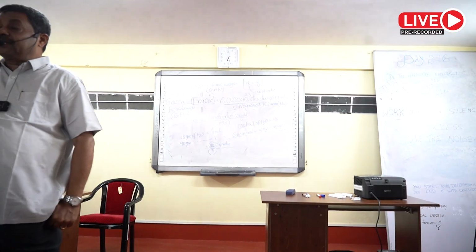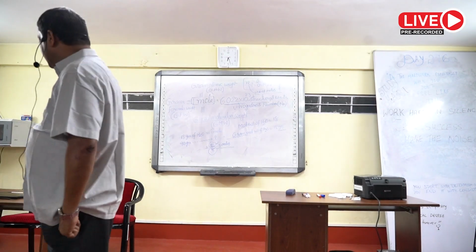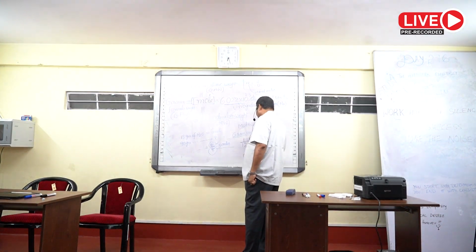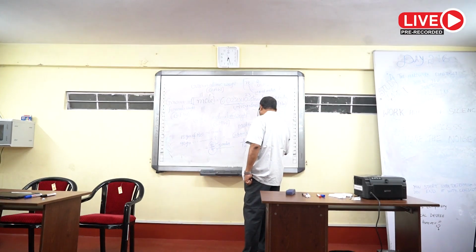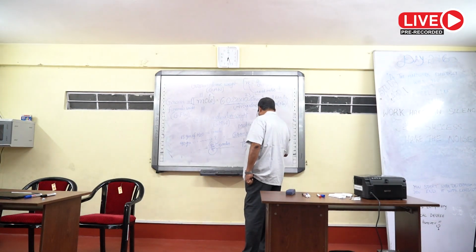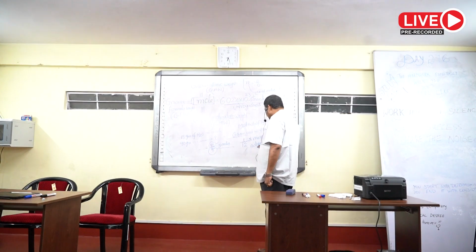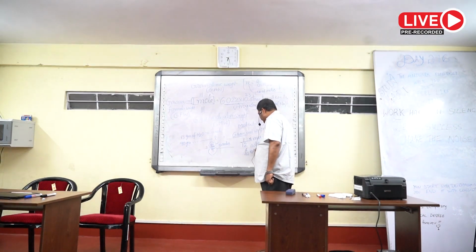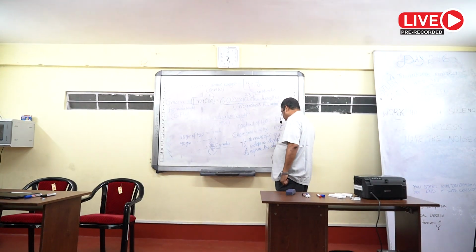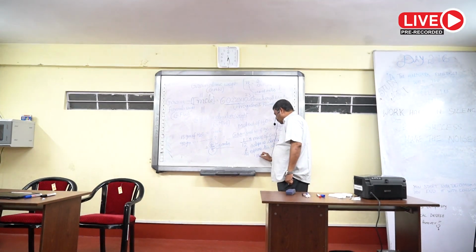So what is the reference for expressing atomic weights and molecular weights? 1/12th mass of carbon 12 isotope as a standard to express the atomic weights or molecular weights.